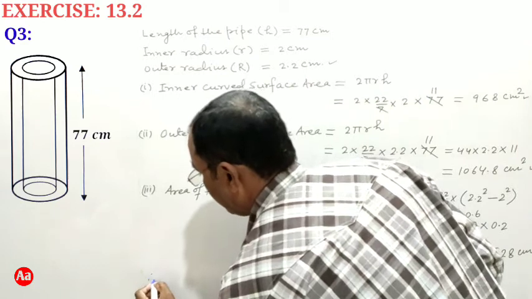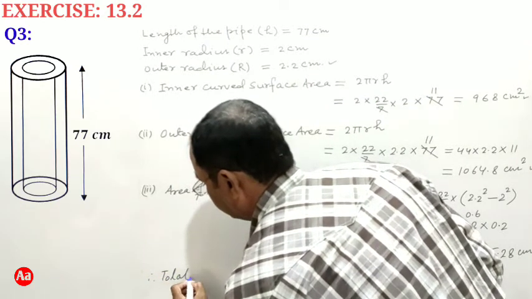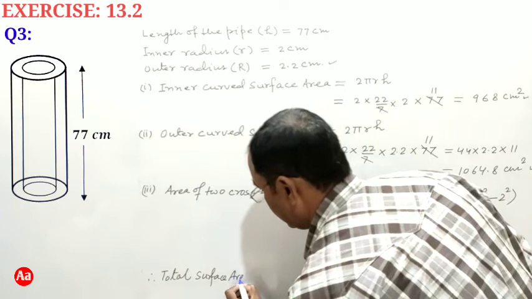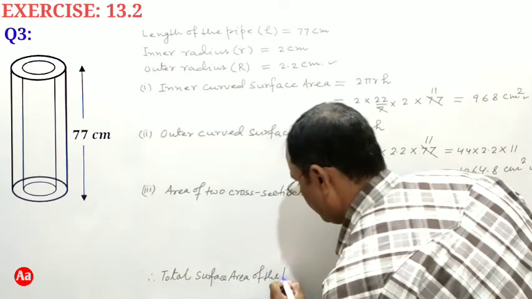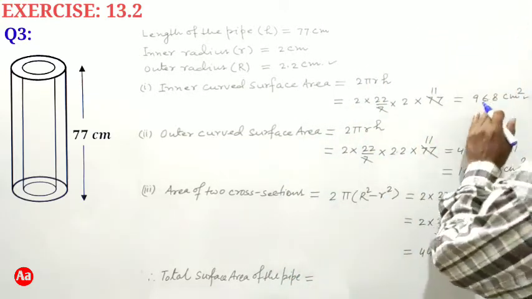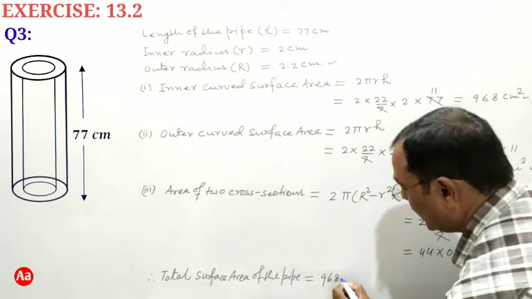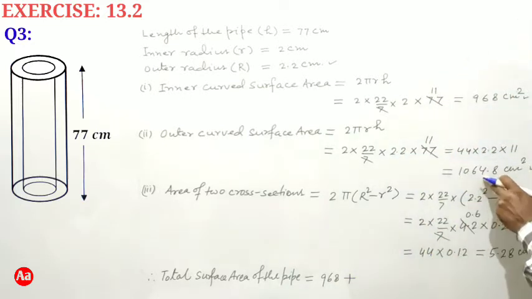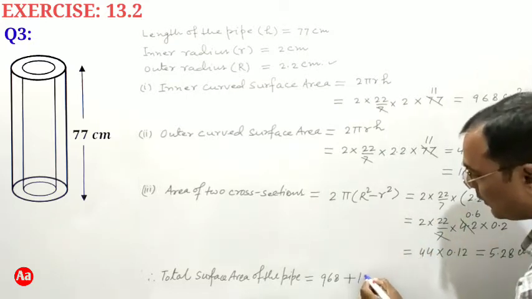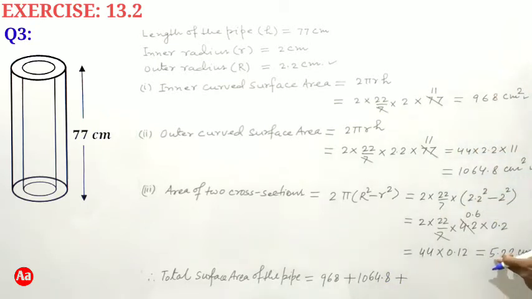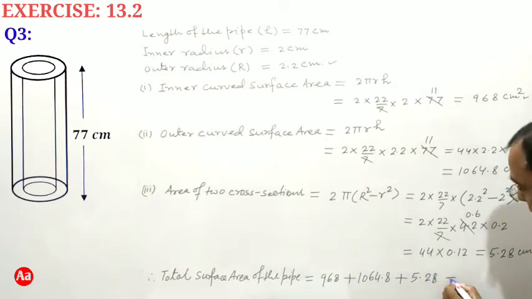So therefore, the total surface area of the pipe is equal to the inner surface area 968 plus the outer surface area 1064.8 centimeter square plus the area of two cross sections 5.28 centimeter square.